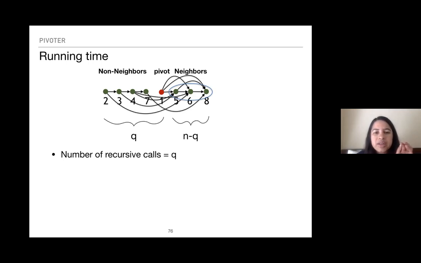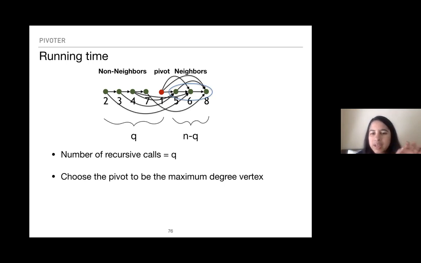And remember that recursive calls are being made only for the non-neighbors and the pivot. We do not make recursive calls for the neighbors. So there are a total of q calls being made. Each of those calls is of size at most n minus q. So the size of each subproblem that's going to be created is n minus q.